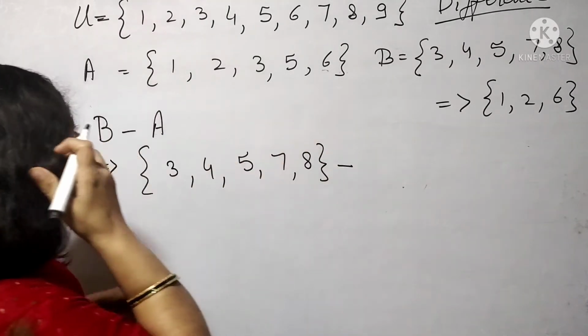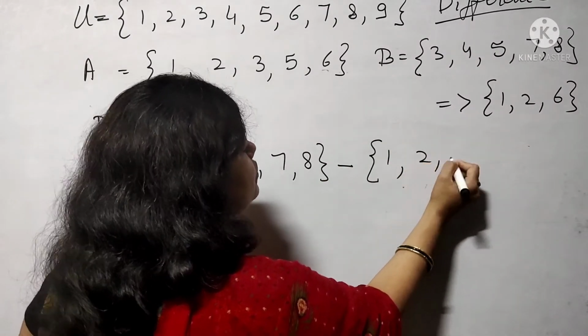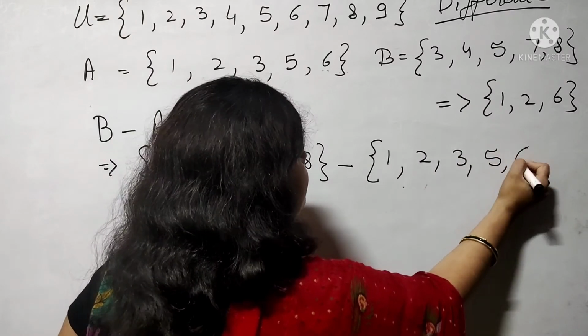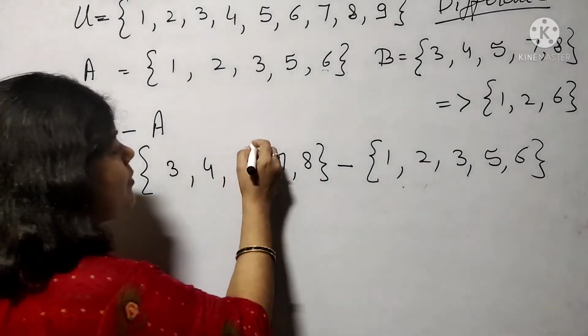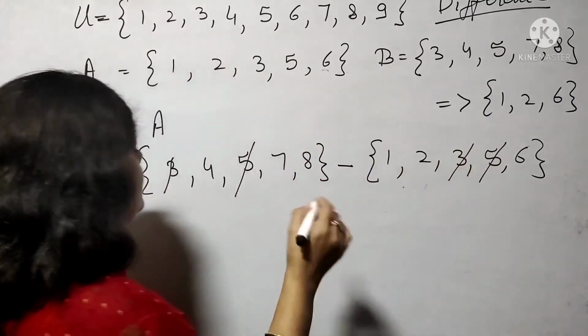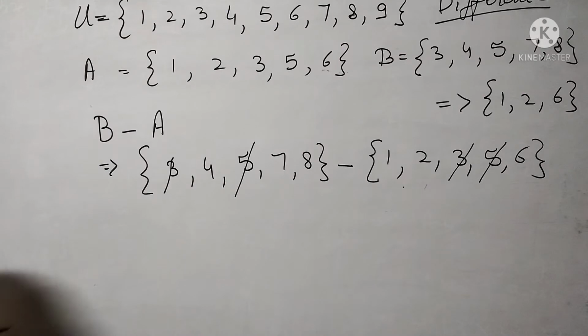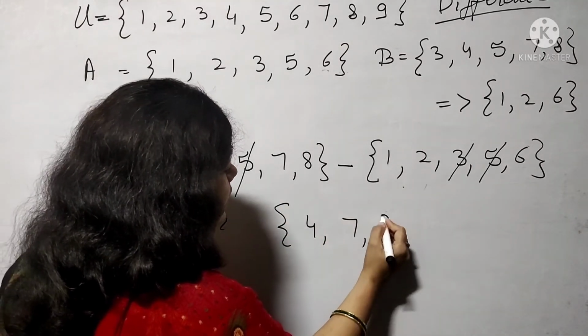Then minus, then set A: 1, 2, 3, 5 and 6. Now we follow the same method. We cancel out the common 5 and 3, and nothing else. Now what is the answer? The answer is 4, 7 and 8.